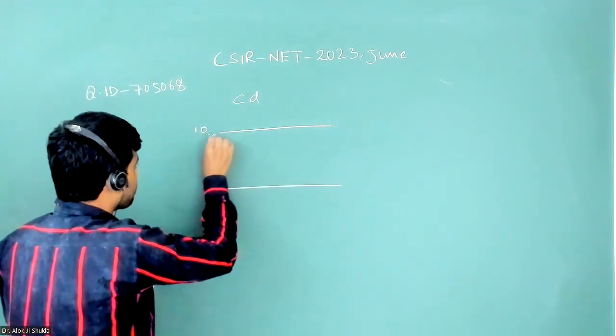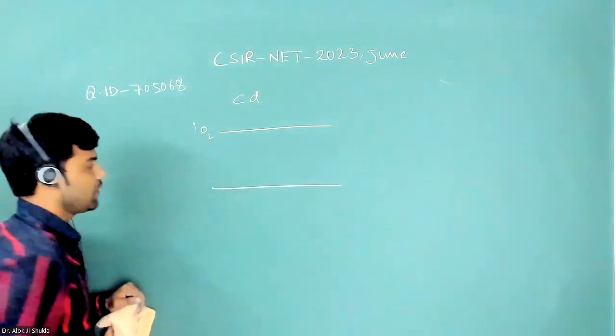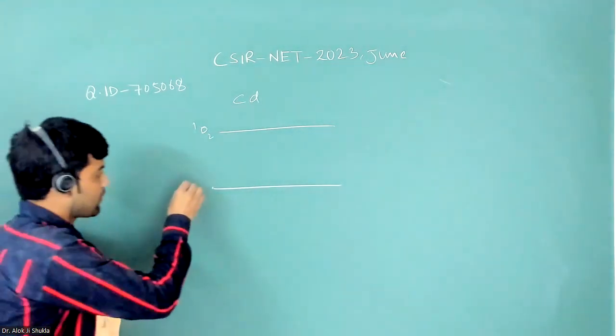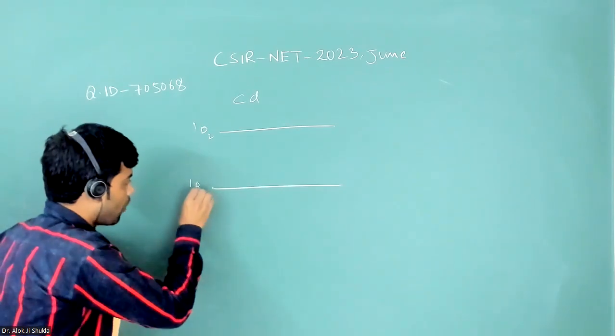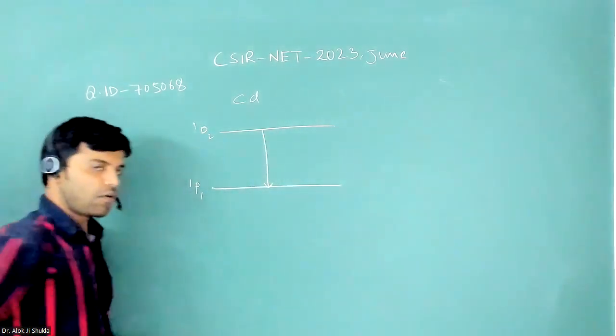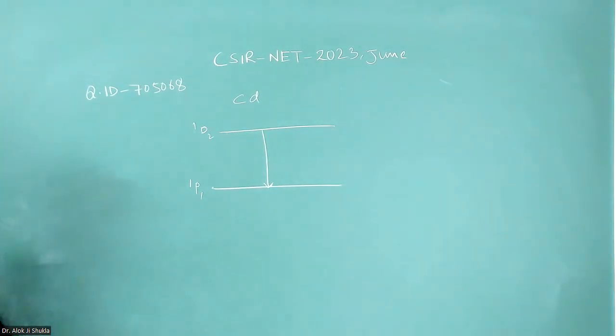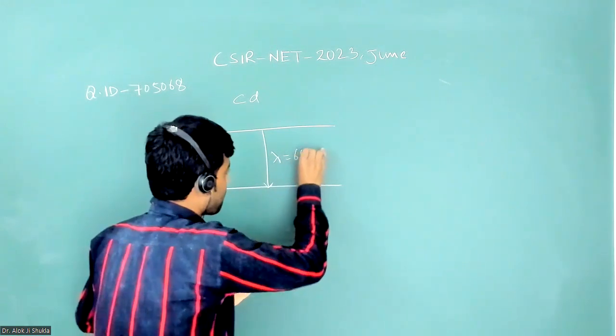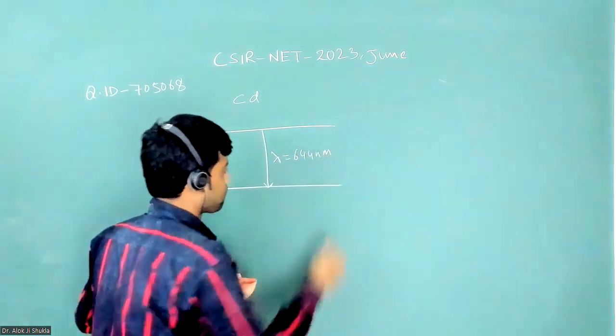Then the question is given that you have a cadmium atom having two states, one D2, where one means multiplicity and 2 means total angular momentum quantum number. When there is a transition from one D2 to one P1, you are getting a spectral line in the absence of any magnetic field, and that line has wavelength 644 nanometer.